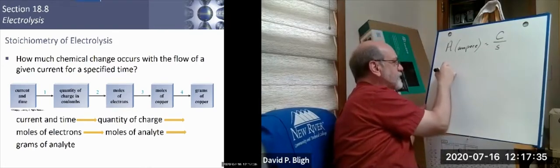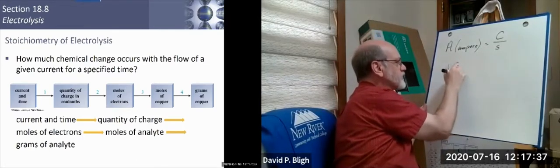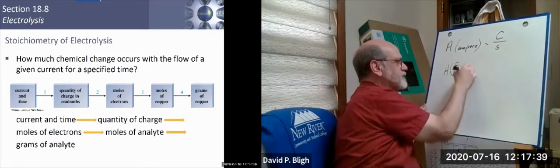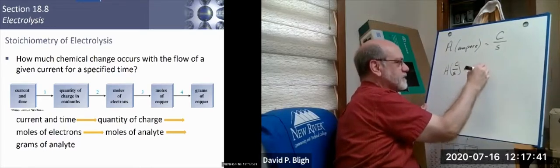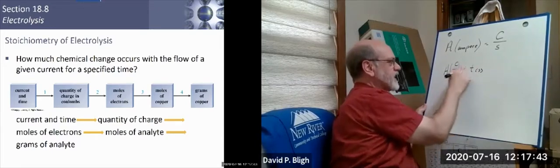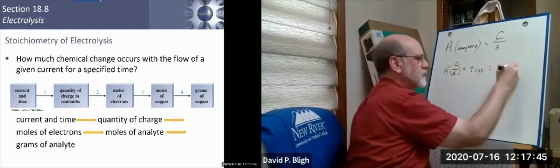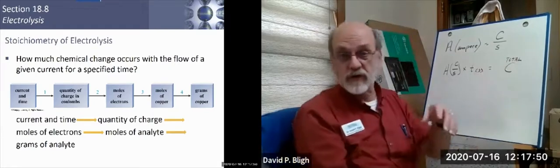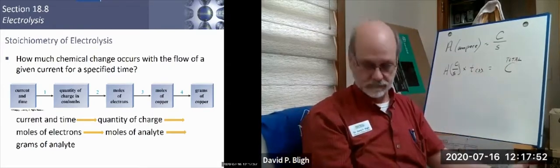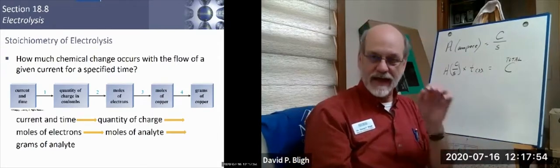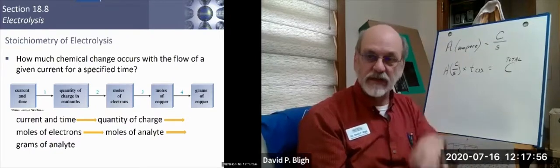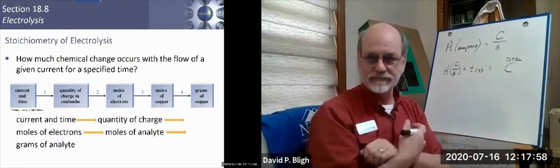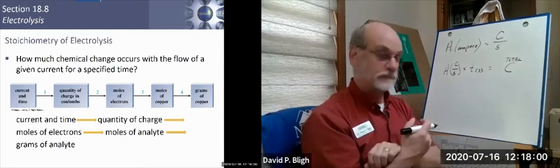So if you say amps or coulombs per second times time in seconds, then the seconds cancel and you have coulombs. So this would be the total coulombs or charge delivered to convert an ion of a metal into a metal on the surface of the electrode.